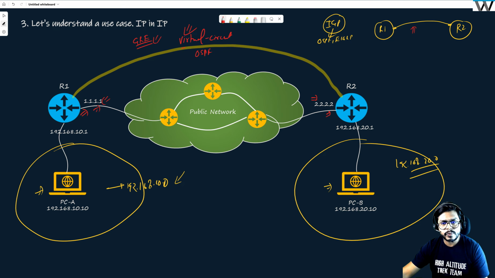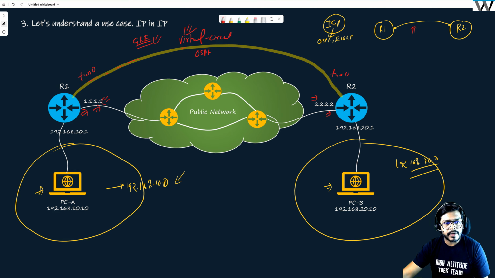OSPF needed these two guys to be directly connected, and that is why what we can do now is give an IP address on this tunnel. We are saying this is tunnel 0, and this is also tunnel 0. It is as good as your interface because this is a kind of link, although it is virtual.